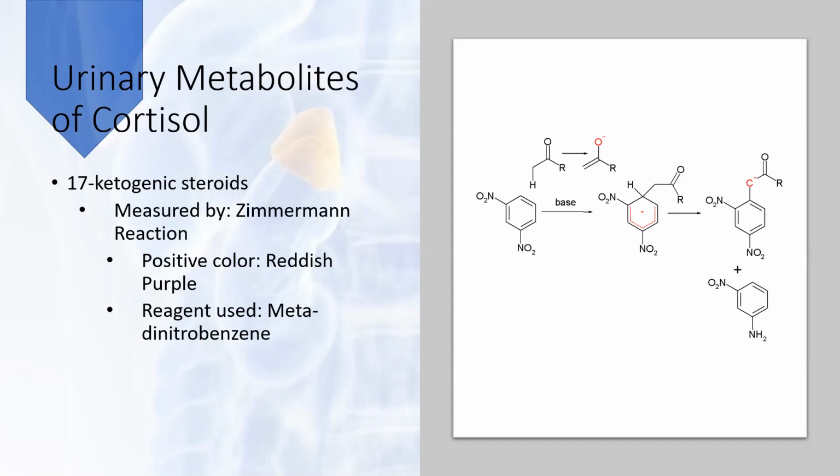Kanina, yung ating reagent sa Porter-Silver ay si 2,4-dinitrophenylhydrazine. This time, in our 17 ketogenic steroid, our reagent is your meta-dinitrobenzene. Okay, so ano naman yung mangyayari dito sa ating Zimmermann's reaction?